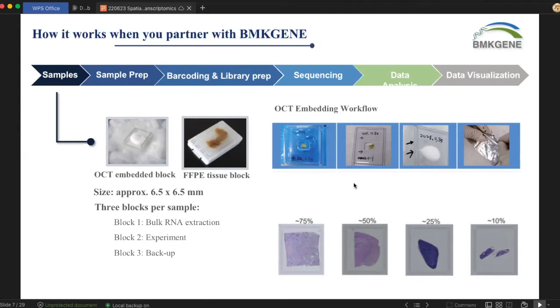There is one thing I would like to emphasize: as I mentioned, the capturing area of this slide is only 6.5 by 6.5, so the area we can use, or the efficiency of these spots, is quite important as well. Here I listed some different occupations of tissue on a slide.